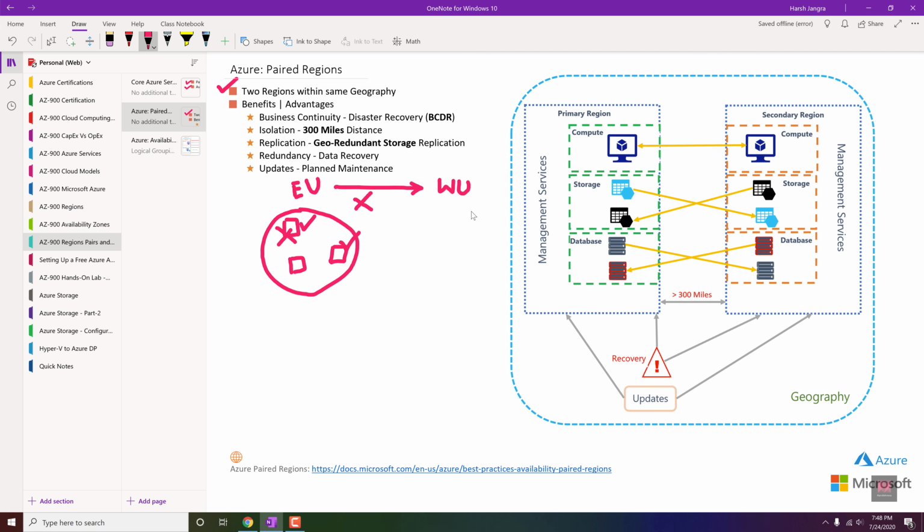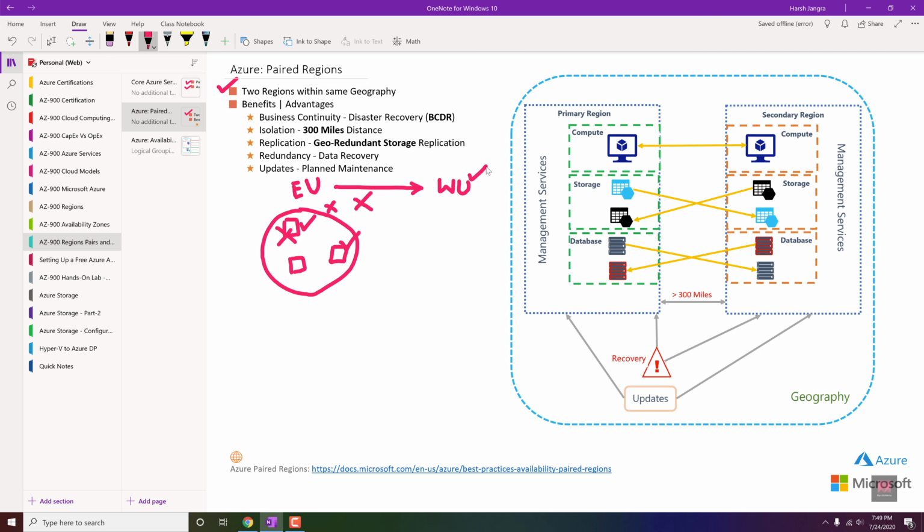So what is the advantage of this? Basically, it's a kind of duplicate data, but don't think your paired region keeps running those resources all the time. No, it just copies the data to that place. So if anything happens to this particular region, you have the West US 2 region to bring all the data back to the normal state, and it should be considered as a part of a secondary region where things are up and running.